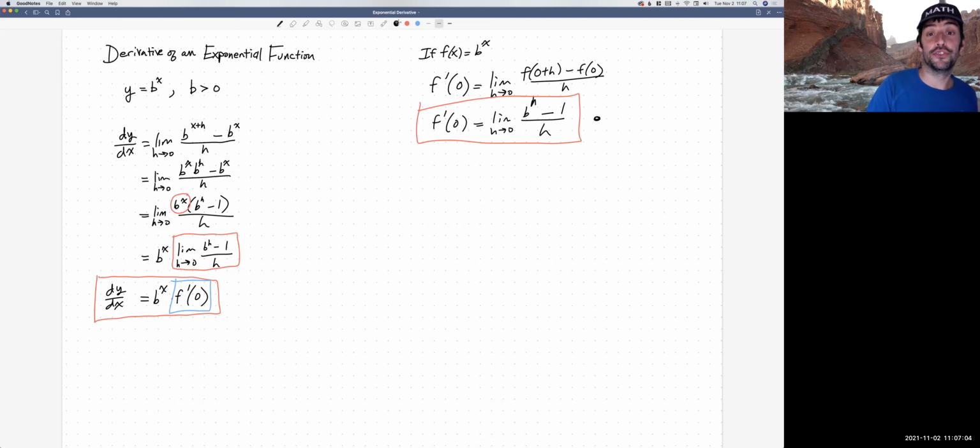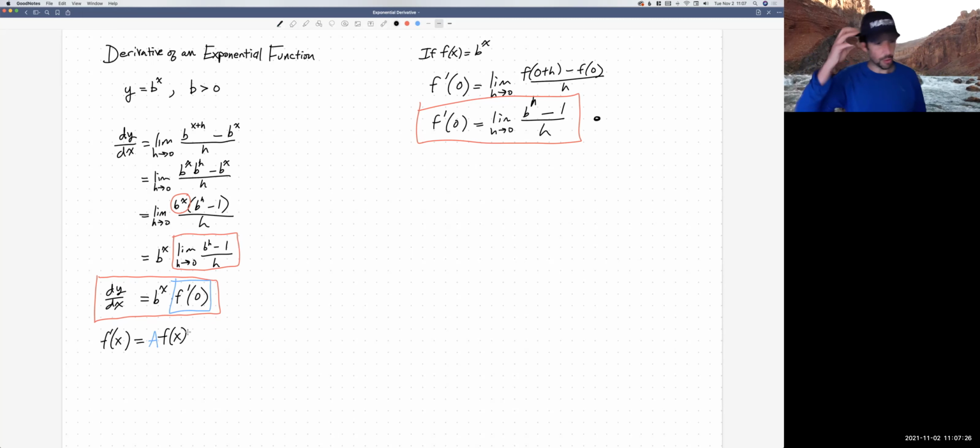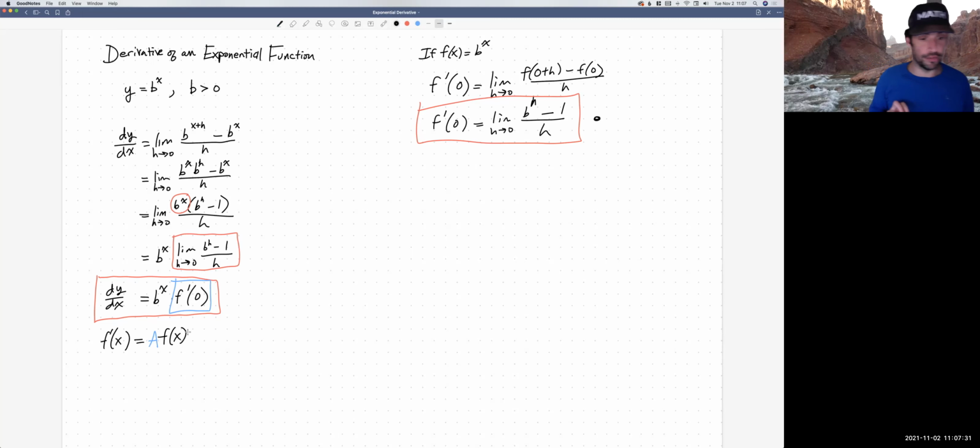And so in other words, this dy dx, or f prime of x, if we're calling this thing f of x, is just equal to some number, I'll call it a for now, times the function itself, right? In other words, the way this function changes is proportional to the value of the function, right? That's one way to interpret what this is saying.